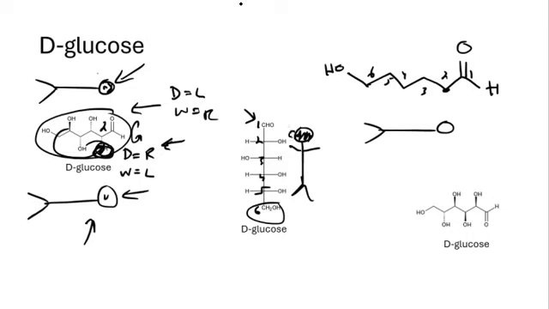We have his left ear and his right ear. Remember when we look at the Fischer projection, the left and the right are wedges. They're coming out towards us. When I look at this, OH is on my right side. So when I'm laying down here, my right side is going to be going away from the board, which is a dash.